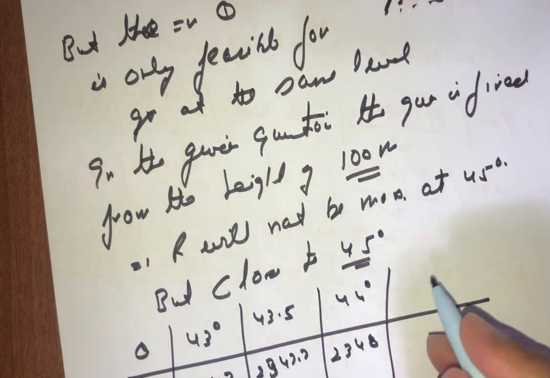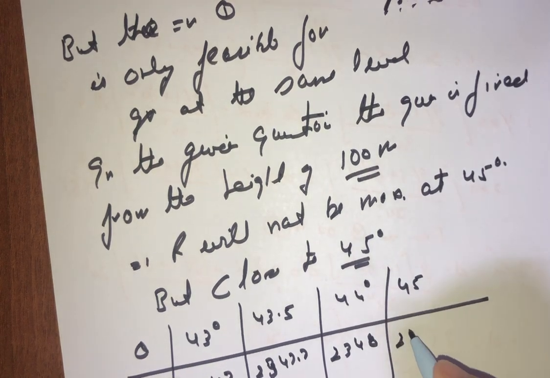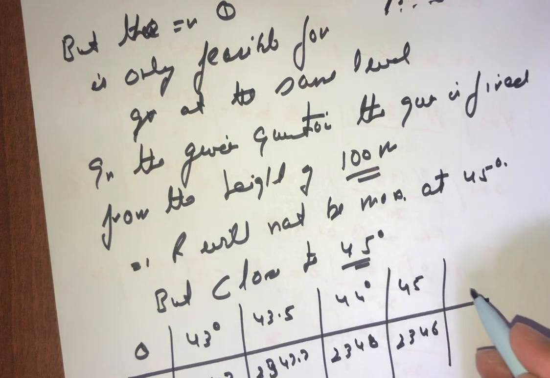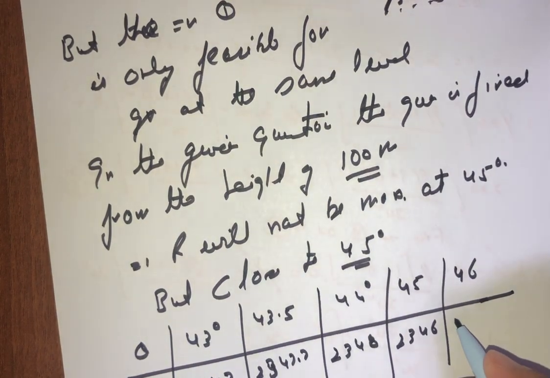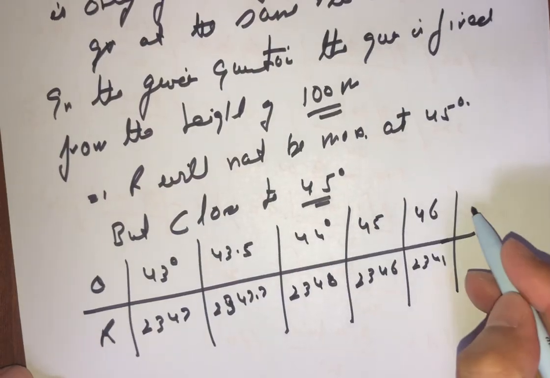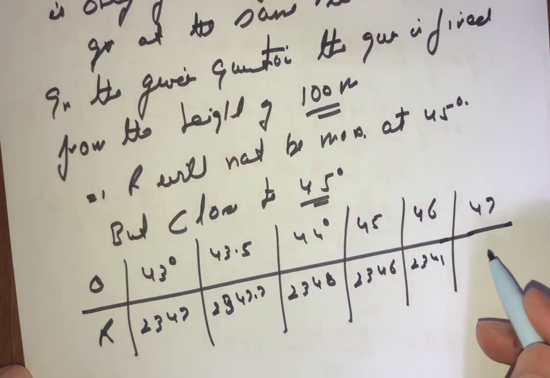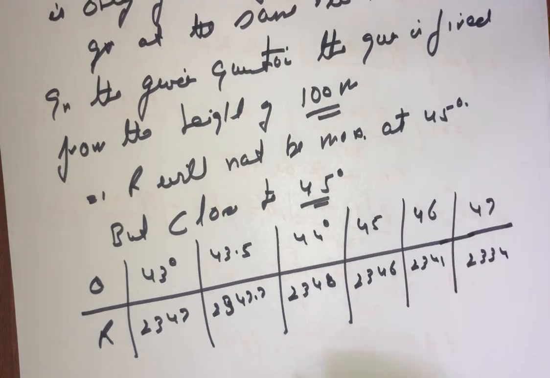Next we take 45 degrees, range is 2346, and second last, 46 degrees, range is 2341, and last we take 47 degrees and the range is 2334.